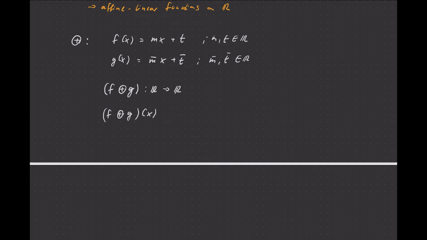And what we do here is we just add the two functions pointwise. And that yields m plus m bar times x plus t plus t bar. So that is, by our definition, the sum of those two vectors, those two functions here.